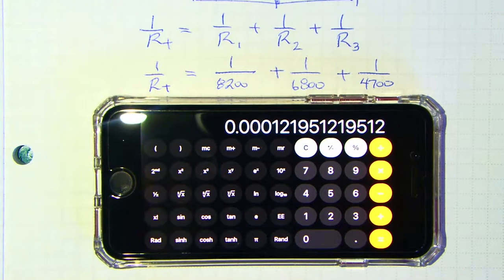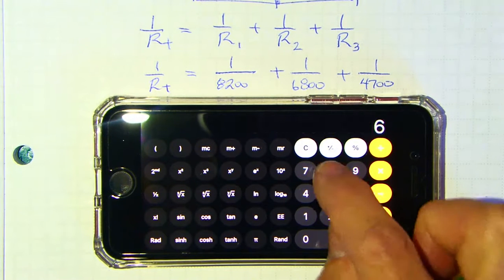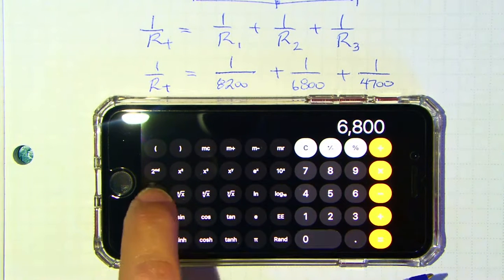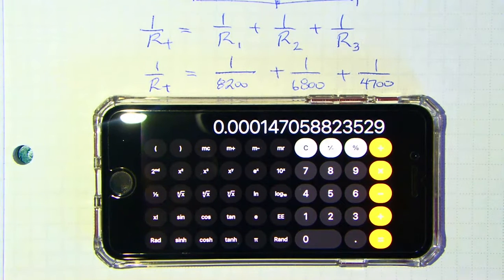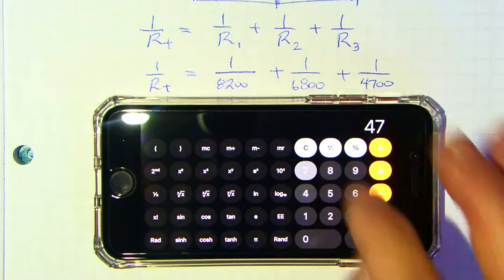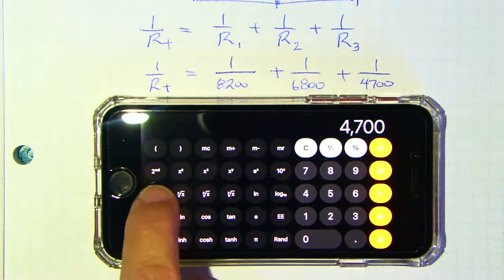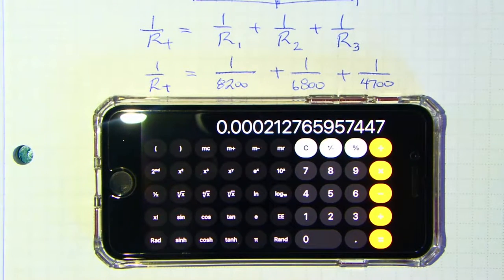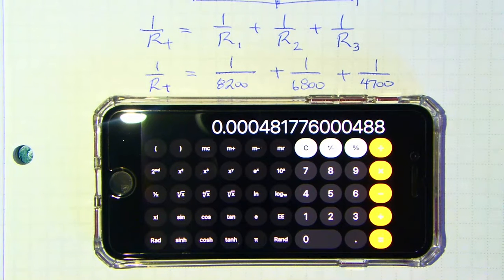And that automatically gives me the decimal for 1 over 8,200. But then I can plus the next one, which is 6800 and 1 over x key for that one. And then plus 4700, 1 over x key. I've done all three now, equals. So that's the sum of the three inverses.